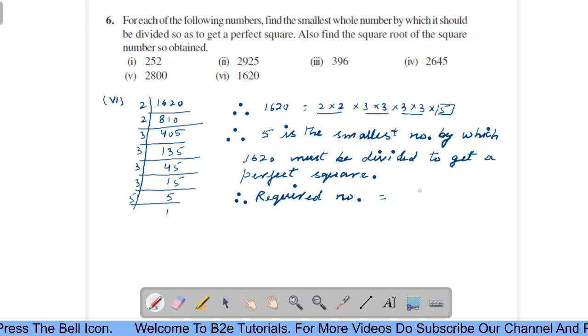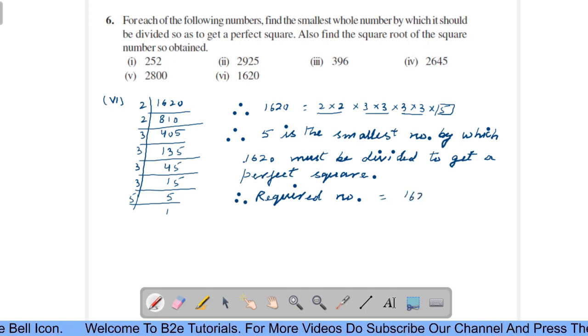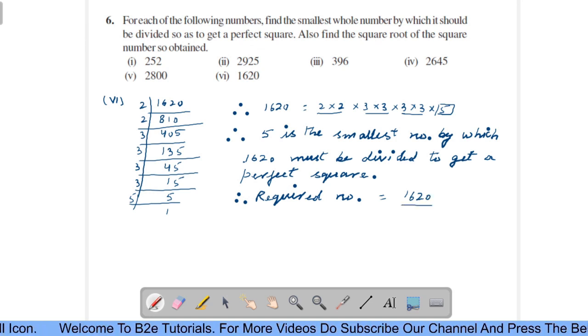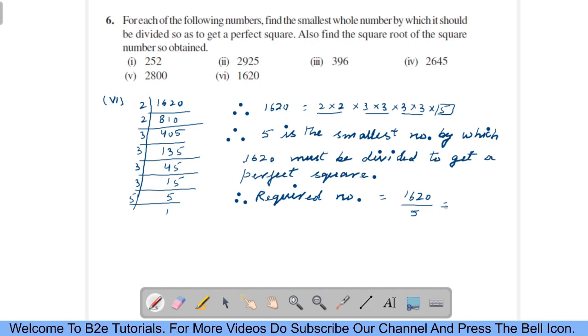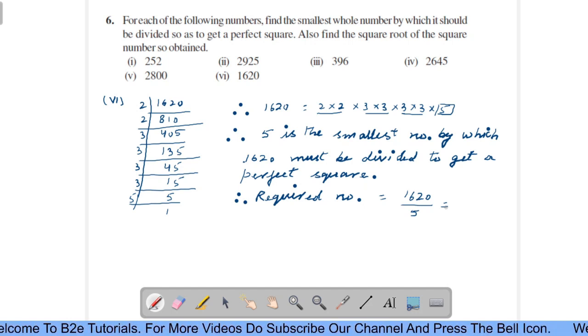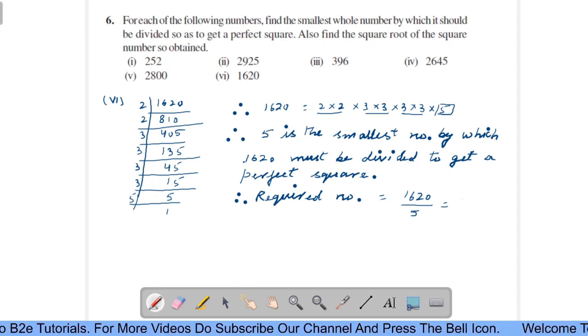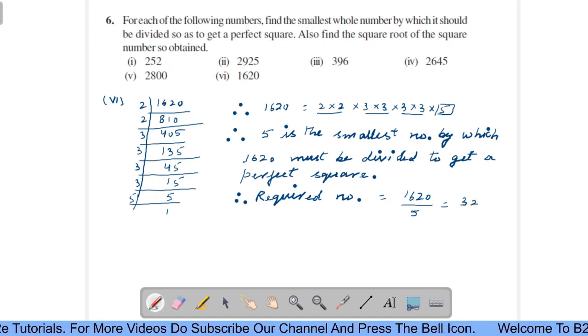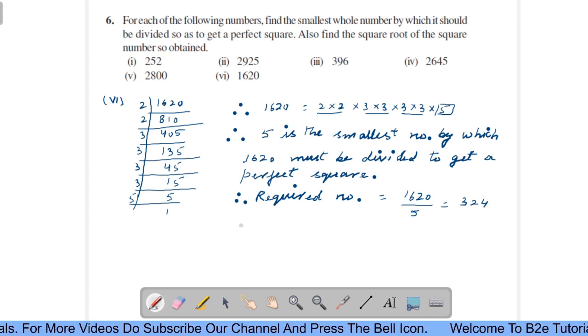Therefore required number equal to 1620 divided by 5. Divide it, I will get 324. Now find out square root of 324.